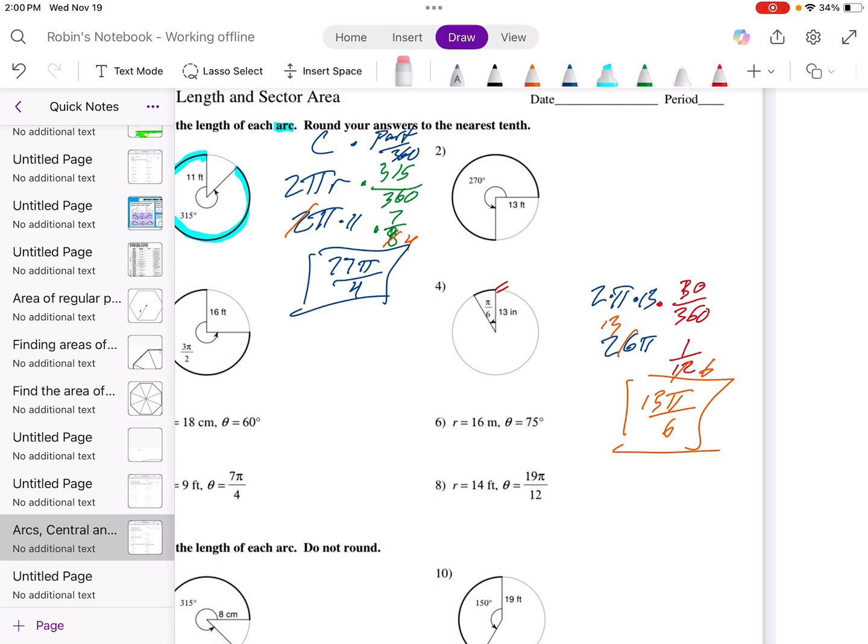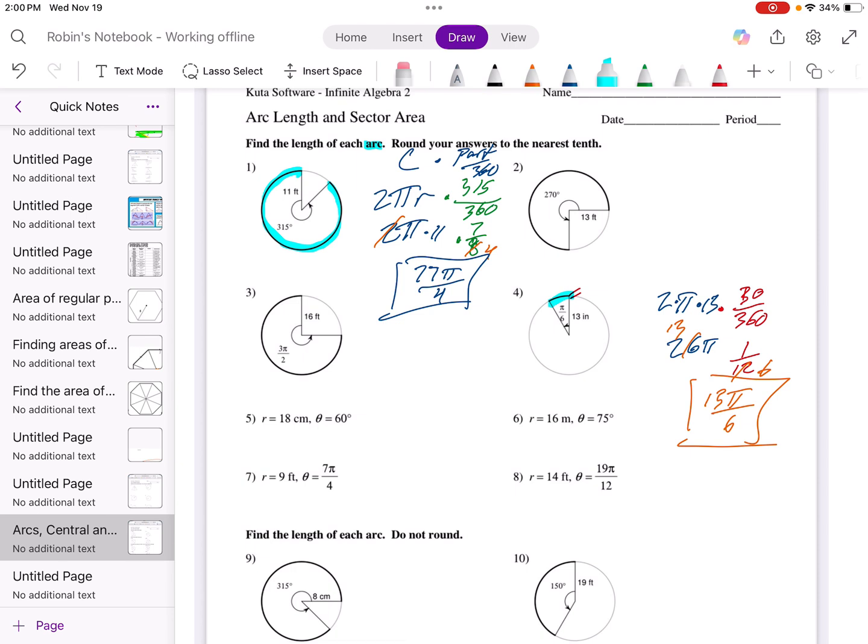At least I realized it to help you. But arc length is just that piece around. It's the part of the circumference, right? And sometimes you could be like, oh, that's going to be 3/4 of it. So 3/4 times 2 times pi times 13. Simplify those. 6 times 13.